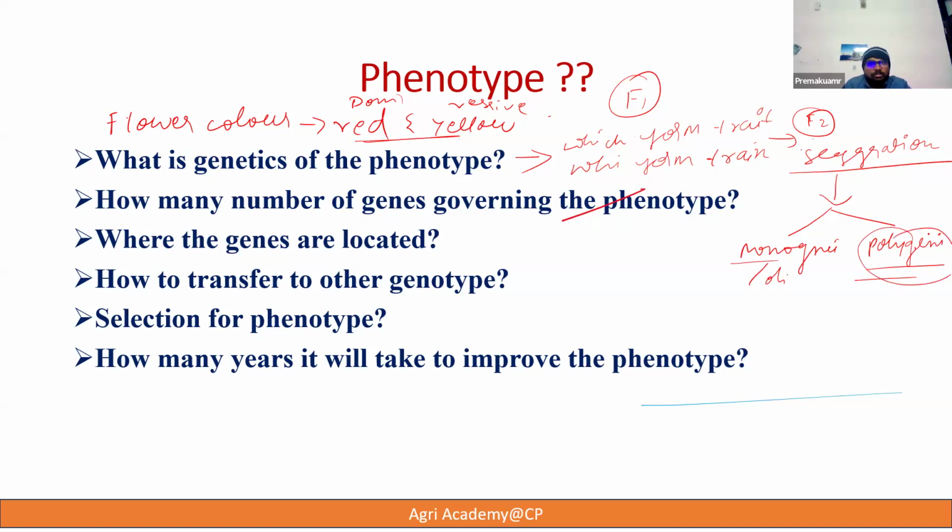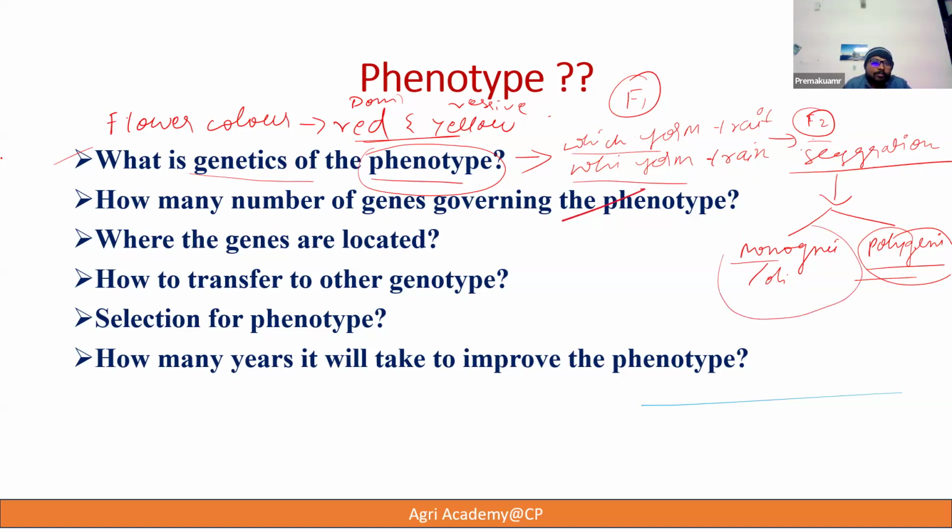We will discuss in detail while I am dealing with quantitative genetics. But you should know this question when you are dealing with any trait or phenotype: what is the genetics of the particular phenotype? One is which form is dominant and which is recessive. Then in F2 we can see whether the trait is monogenic or polygenic.